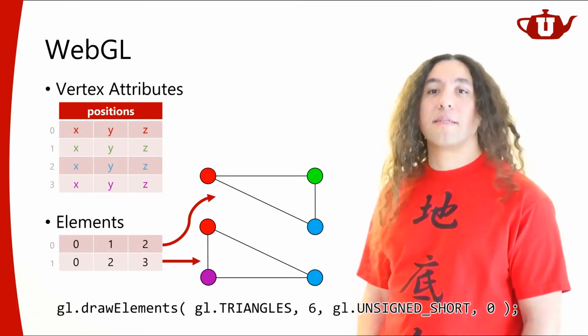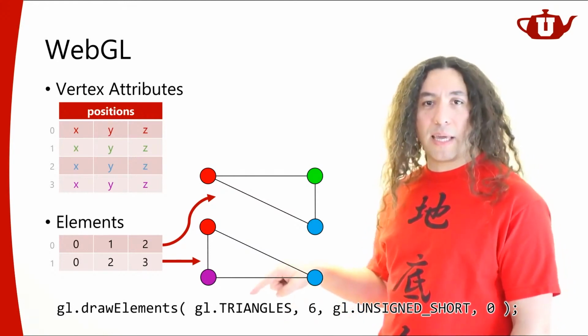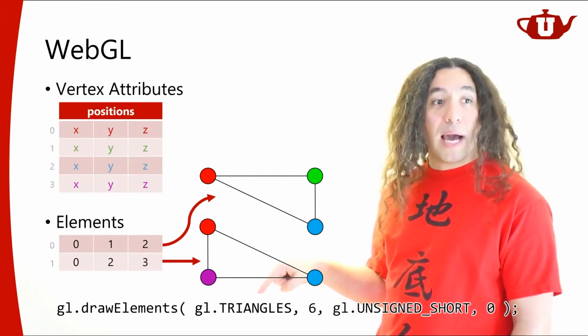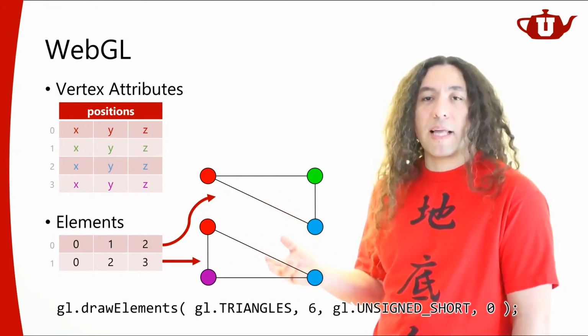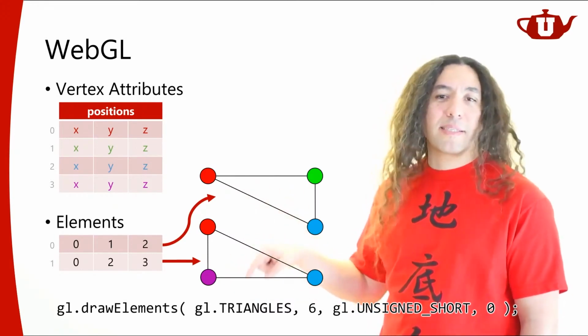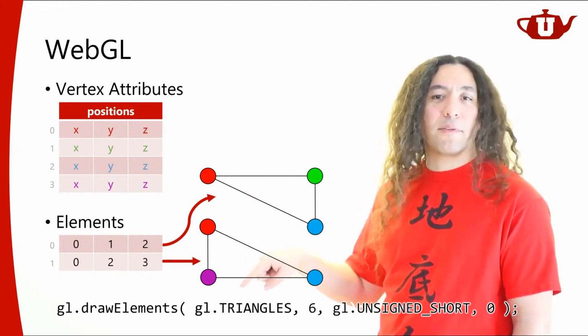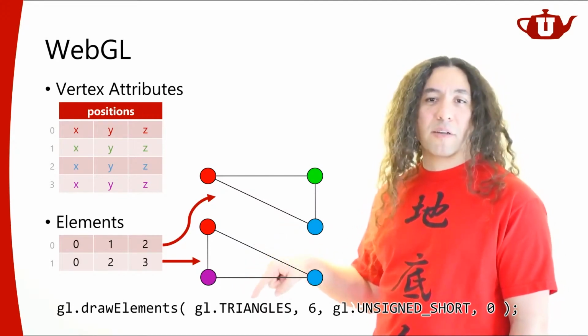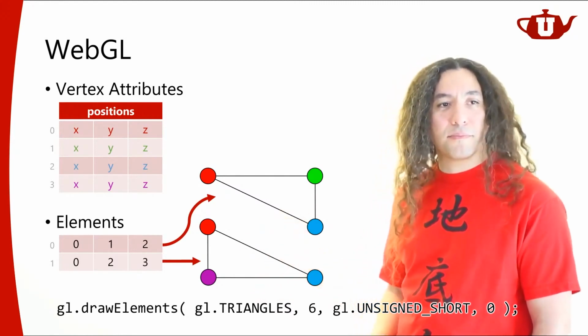One element in this case will mean exactly 1 triangle, because I'm saying my elements are triangles. But I could be using this sort of rendering for drawing line segments as well. In this case, I would be calling GL_LINES, right? So it didn't have to be GL_TRIANGLES. But because I called it triangles, my elements in this case are triangles.